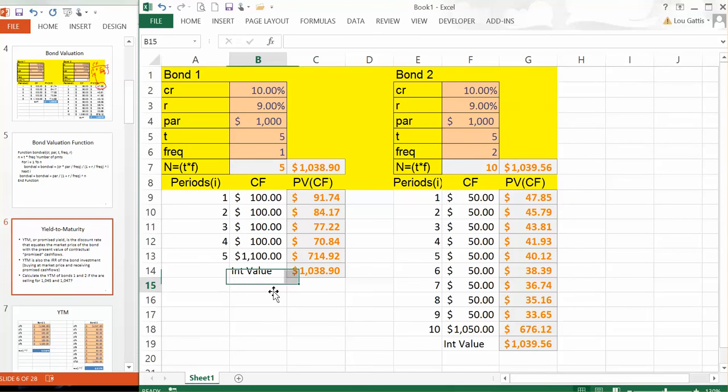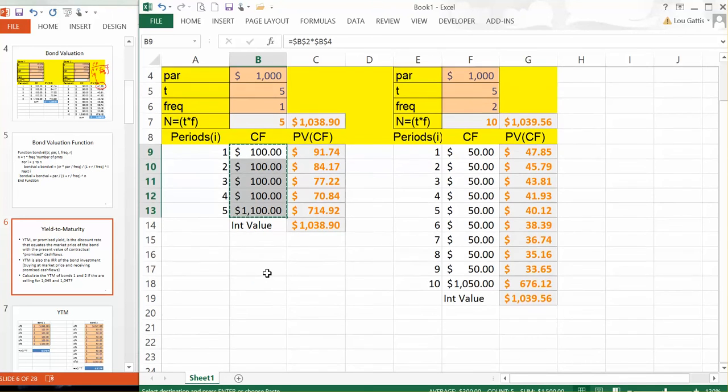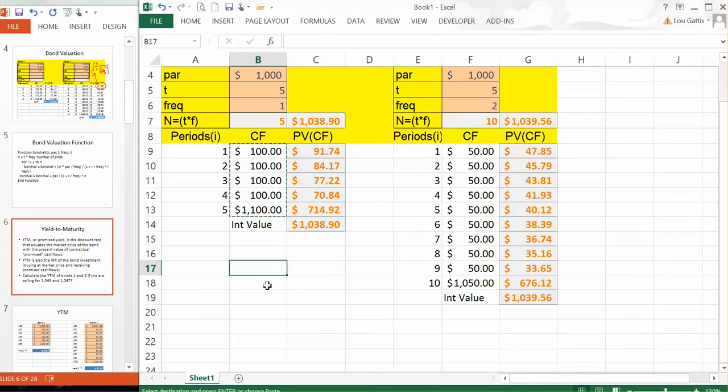We could calculate that the cash flows, we'll just use these cash flows here. Let me just copy these for this first bond, and I'll just paste them down here as values. And if I paid 1,045 for this bond, these would be my cash flow investments. I pay 1,045 today, receive 100, 100, 100, 100, and 1,100.